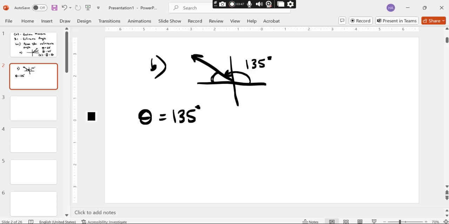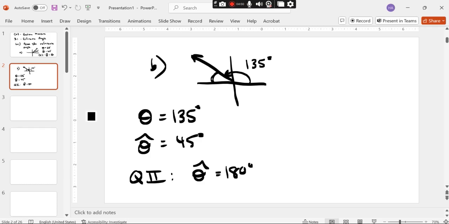So if that is 135 degrees, the reference angle is 45 degrees. And what is the equation for the reference angle in quadrant 2? It is 180 degrees minus 135 degrees in this case, but in general 180 minus theta would give us our reference angle. Are we good there? Again, a really quick, super fast review.